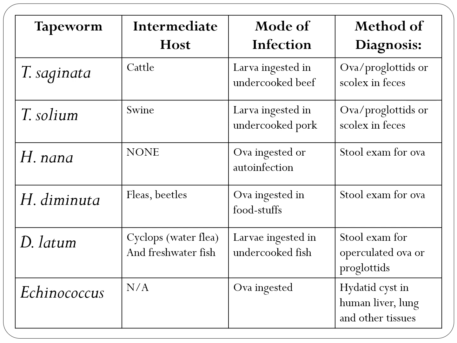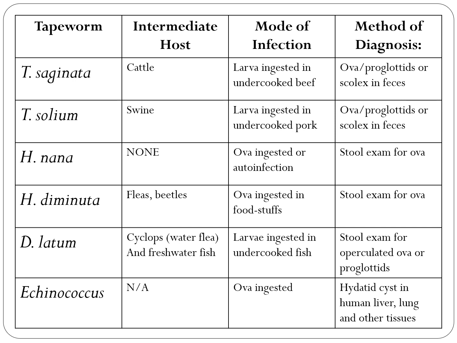Taenia solium is the pig tapeworm or the swine tapeworm. Here what's happening is that the larva is ingested in undercooked pork, and the ova and proglottids or the scolex are found in the feces.